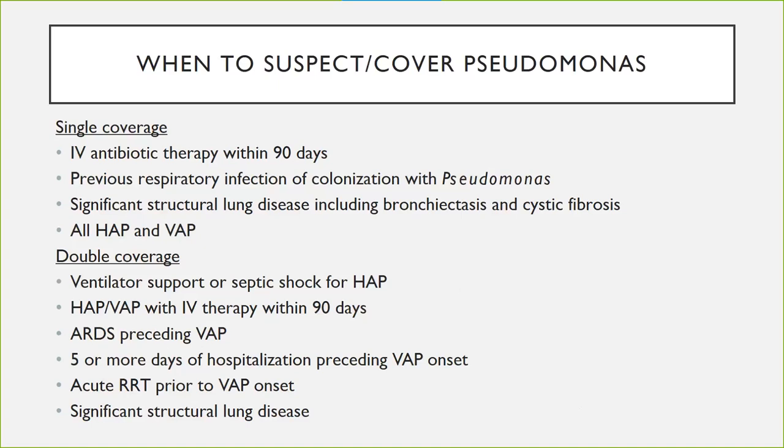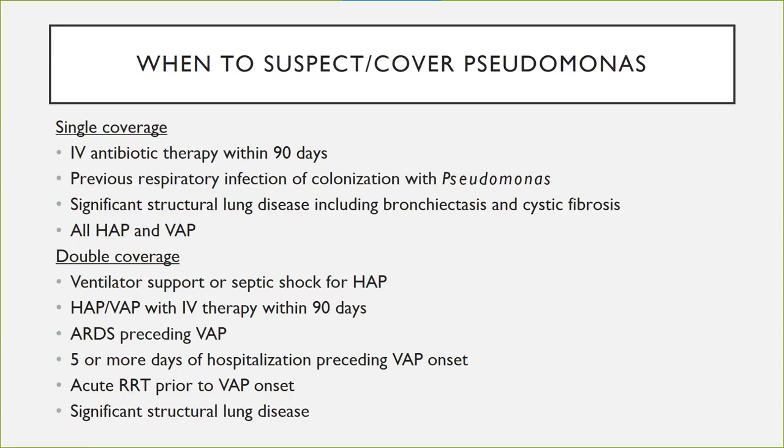We provide double coverage for Pseudomonas in the situations that are listed here. If they're on the vent or have septic shock, HAP or VAP with IV therapy in the past 90 days, ARDS, 5 or more days of hospitalization, renal replacement therapy prior to VAP, or significant structural disease in the ICU.